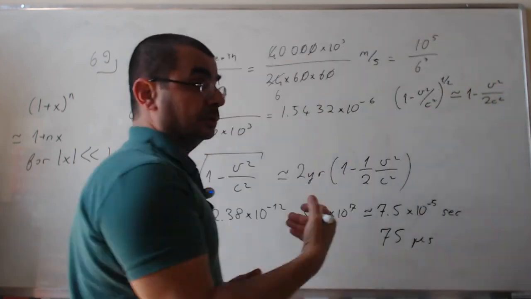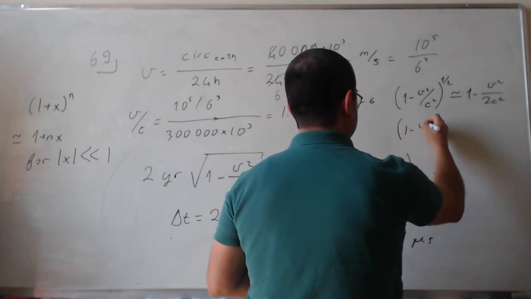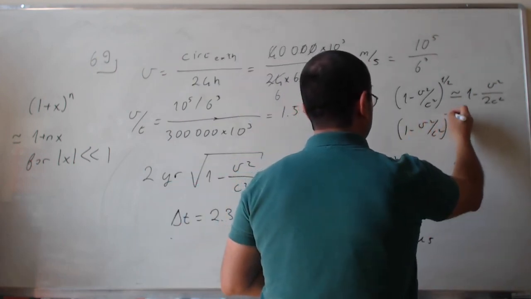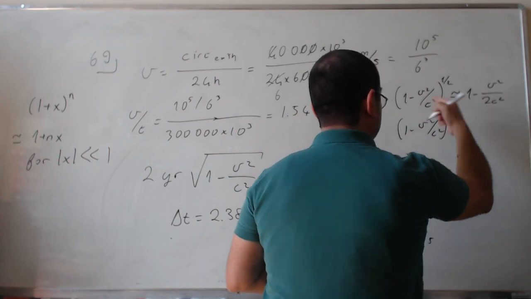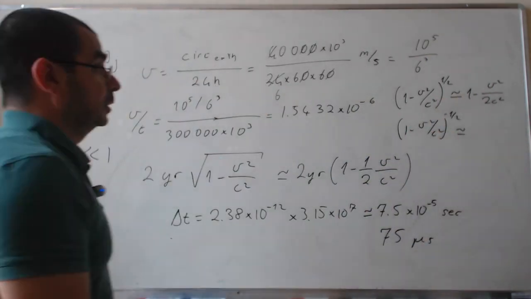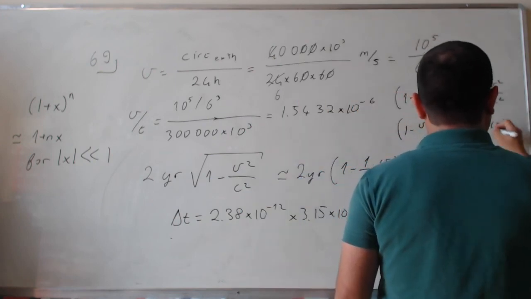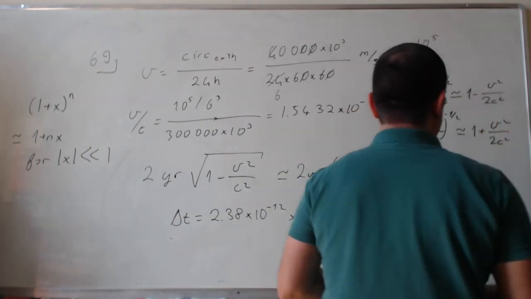It could also be in the denominator. So in that case, we would have 1 minus v square by c square to minus a half, and then what you get in the front is minus a half. This just comes to the front still, and we're going to have 1 plus v square by 2c square.